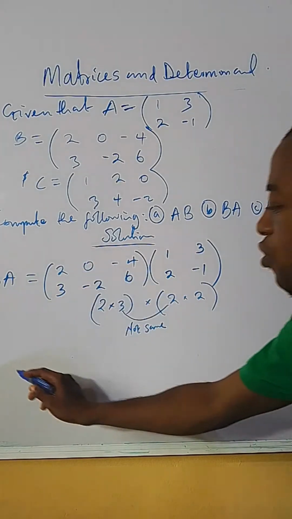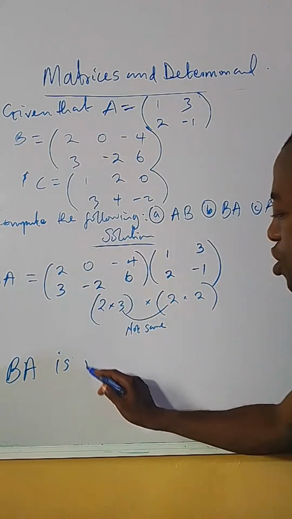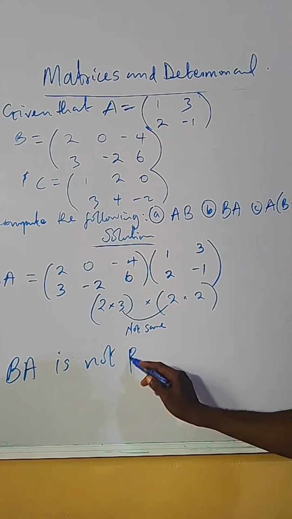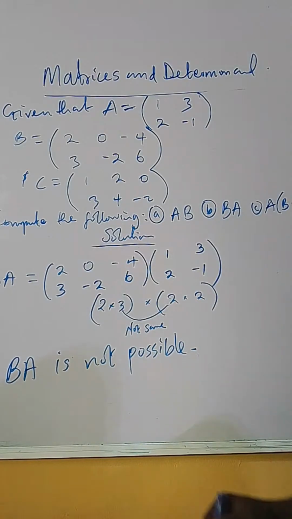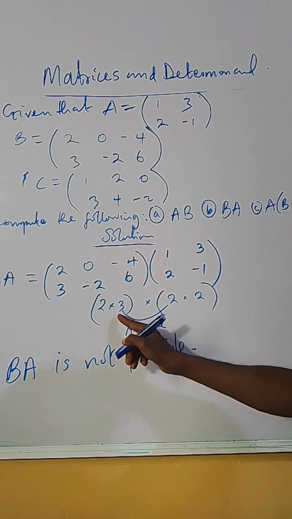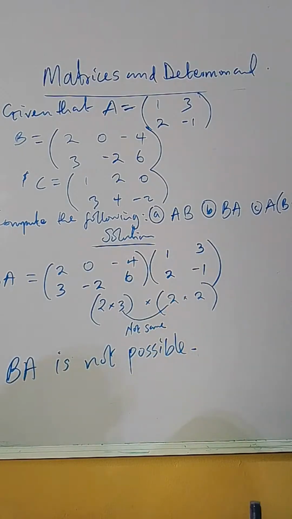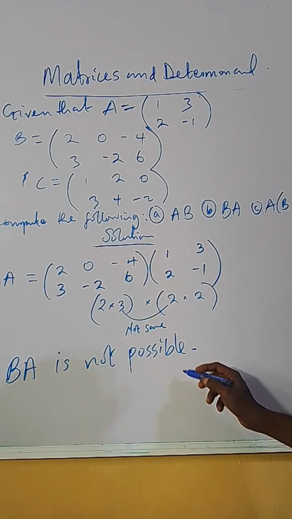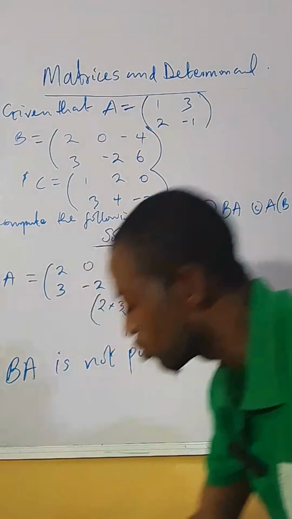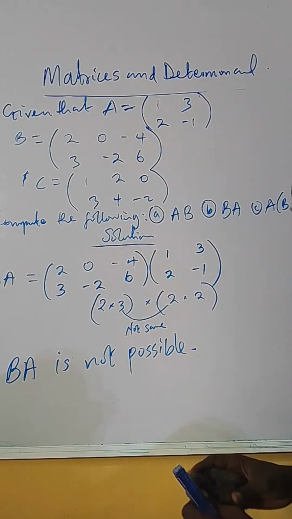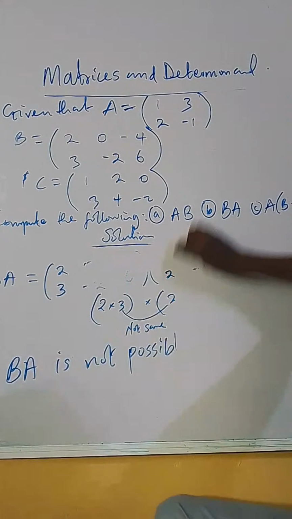Therefore, we conclude that B times A is not possible. Once the columns of the first matrix are not the same as the rows of the second matrix, this multiplication is not possible. Then we move to the next one, which is number 3, the third question.